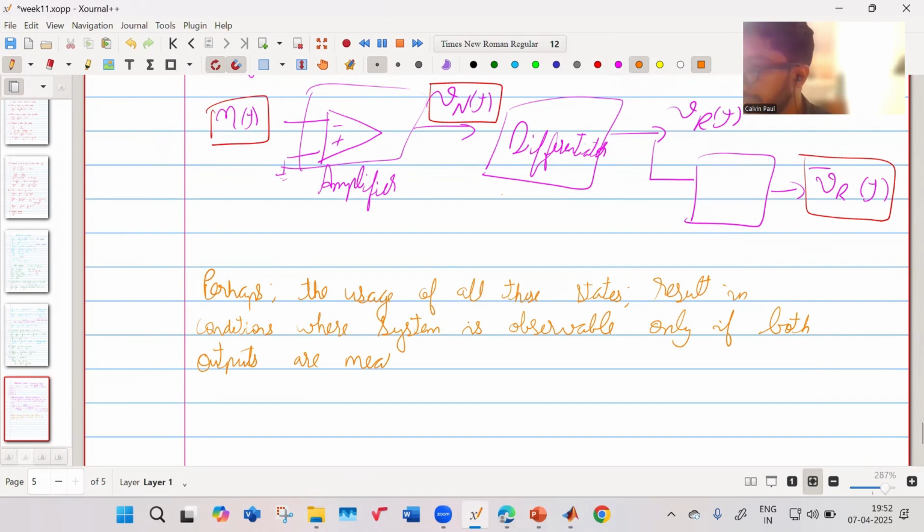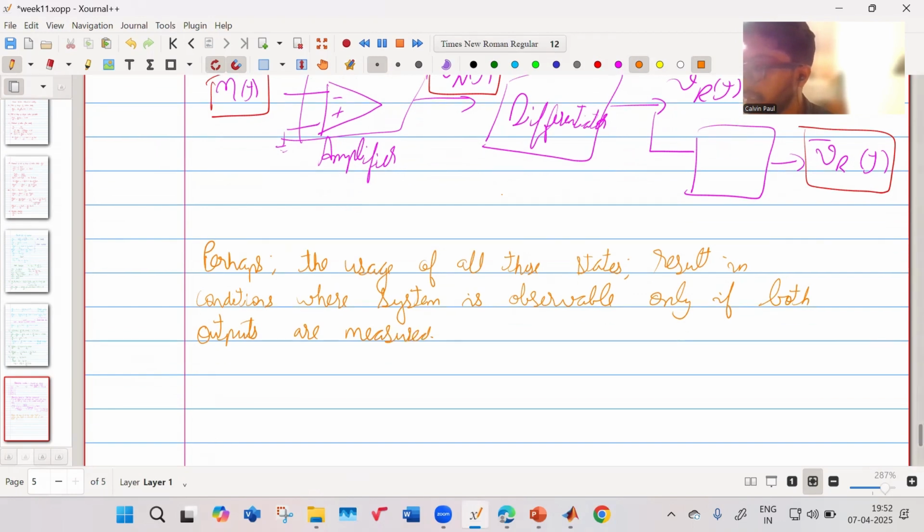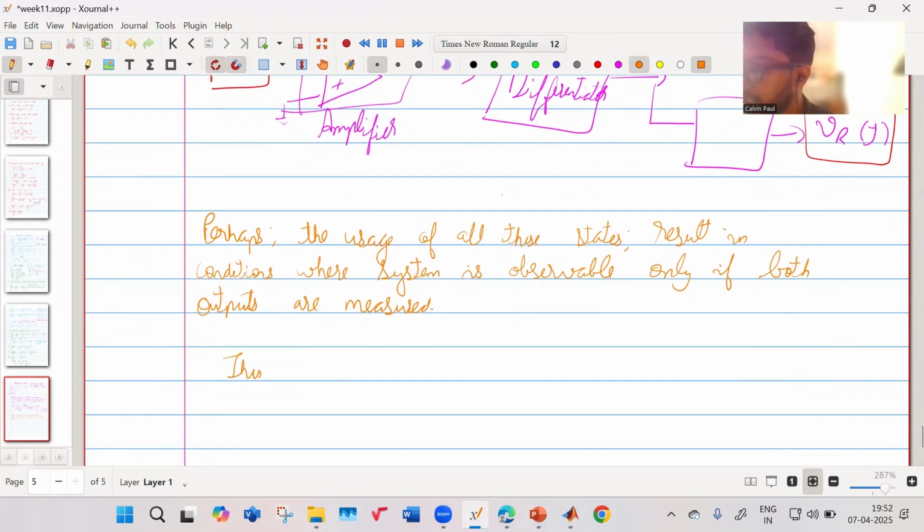So this has to be checked. Further, this is similar to PD control. It's like a proportional plus derivative.